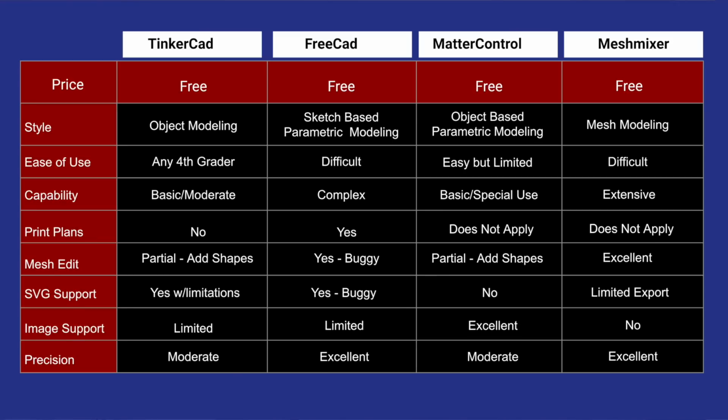And then finally, I'm going to talk just a little bit about Meshmixer because it's a free tool that you can use to manipulate your STL files. Now, Meshmixer and Tinkercad, along with Fusion 360 that we're not talking about today, are all produced by Autodesk. Autodesk is one of the leading providers of CAD, computer-aided design, and CAM, computer-aided manufacturing technologies.